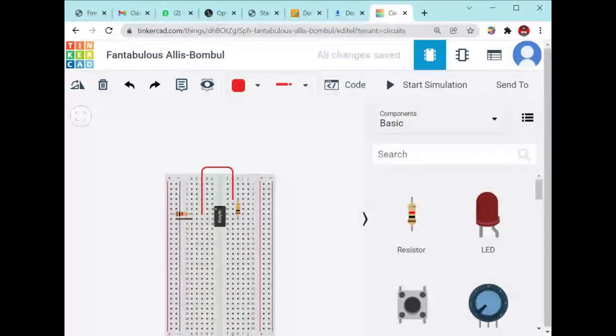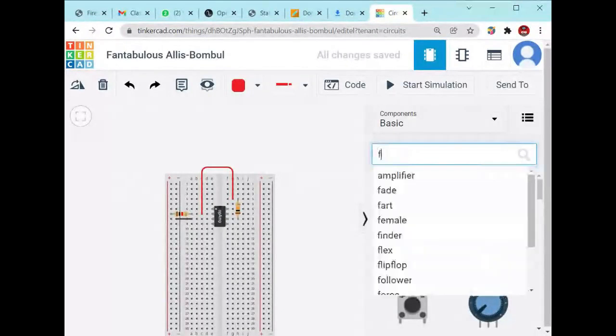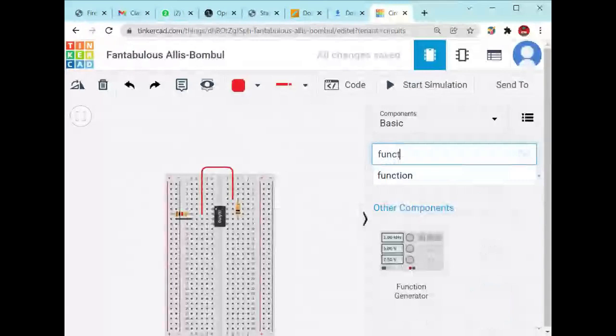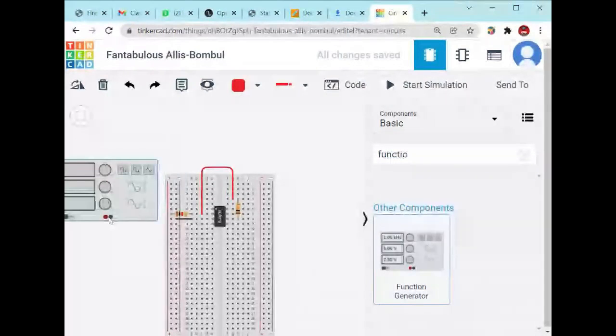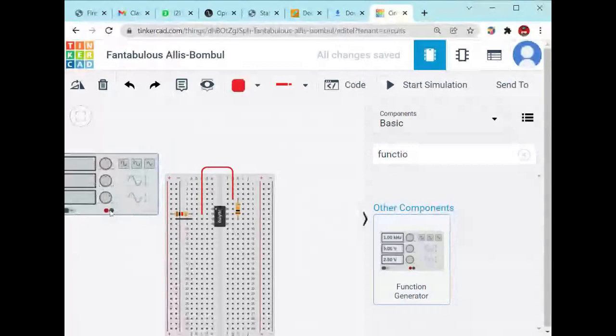For selecting the function generator, you have to type function generator right here. You will find this function generator right here. Select it and place it right here.